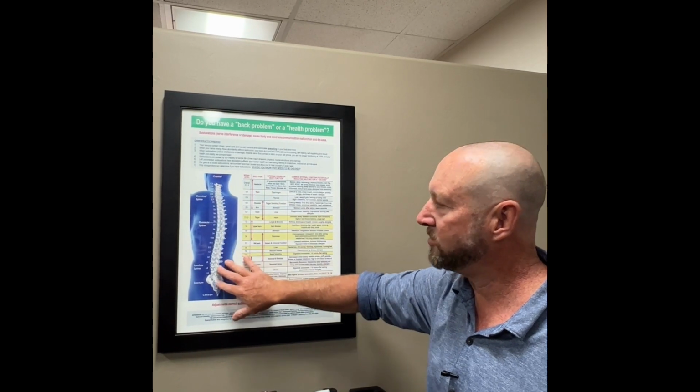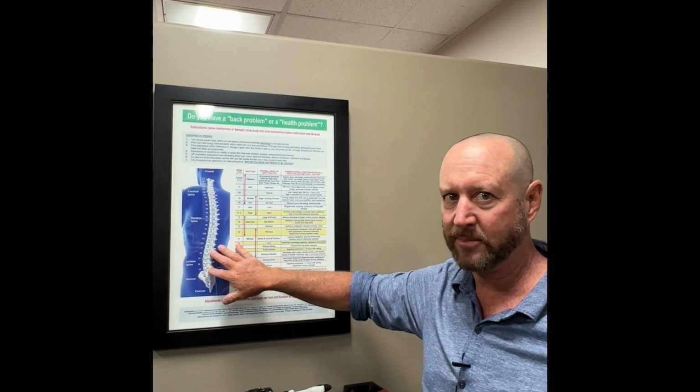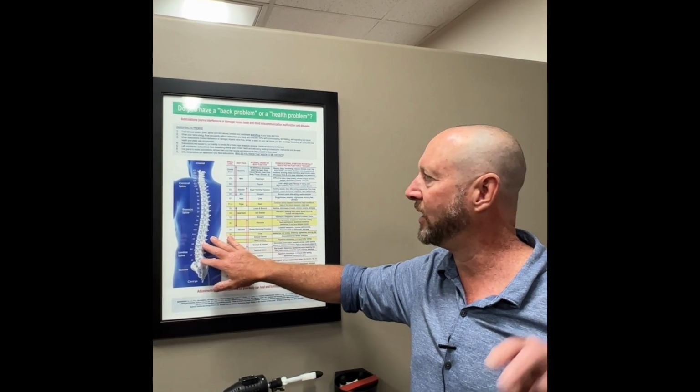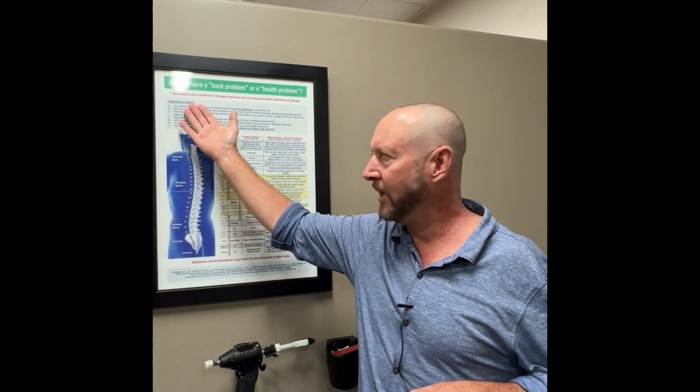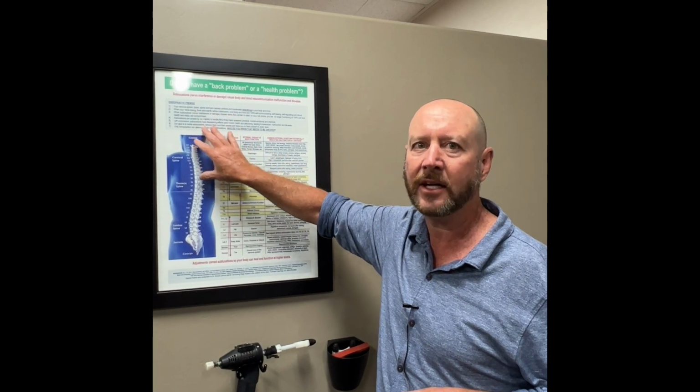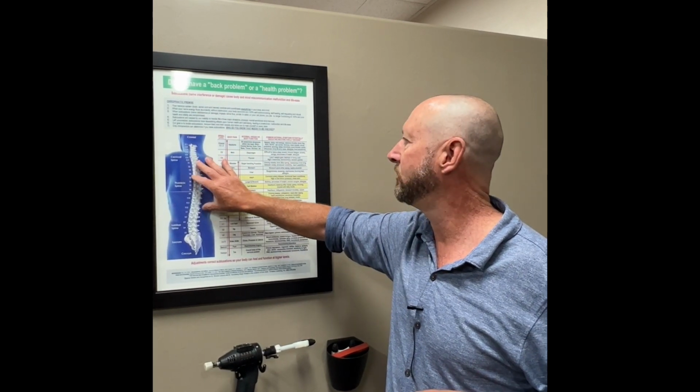When we have those shifts, that's part one. Part two, we look at how those shifts are affecting the information back to the brain and how you're processing, engaging, and functioning in your world.